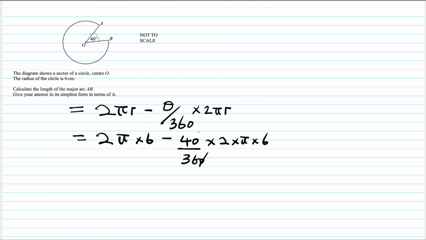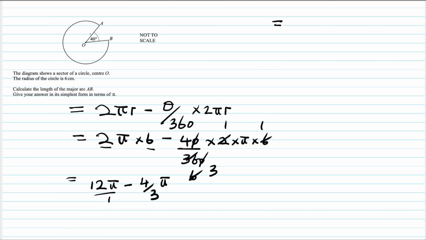So 0 cancels 0 here, 6 goes here once, 6 goes here 6 times, 2 goes here once, 2 goes here 3 times. So what we have, of course, 2 times 6 here is 12. So what we have is 12 pi minus 4 over 3 pi. Yeah, so this is what we have. So we can solve this using the LCM method.